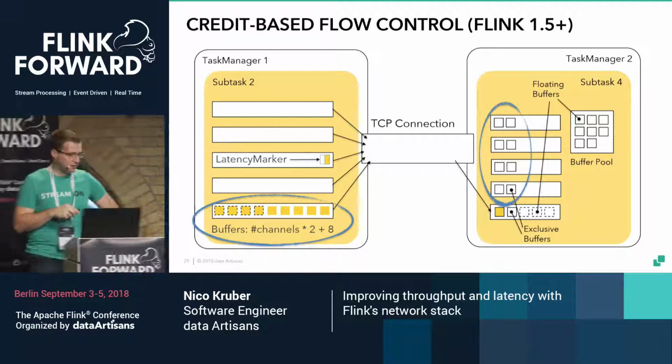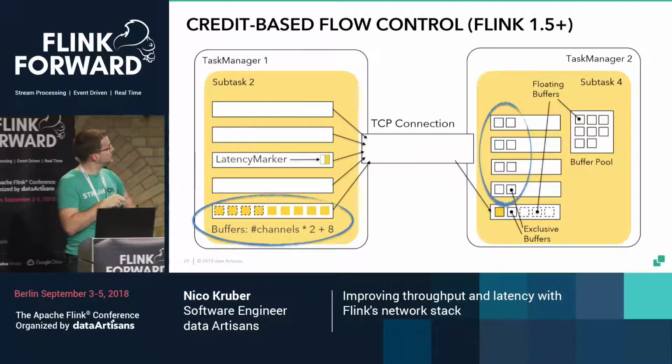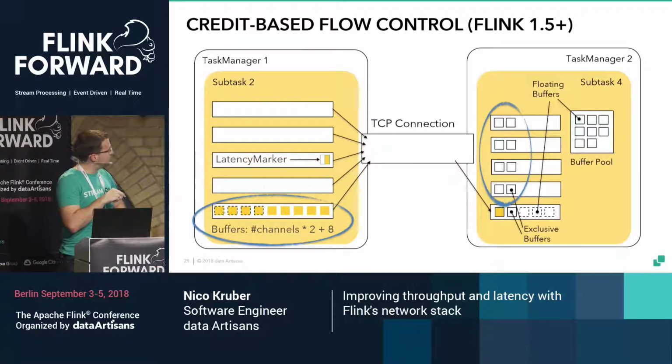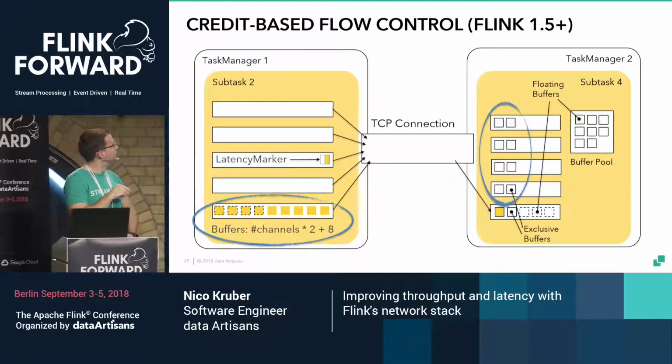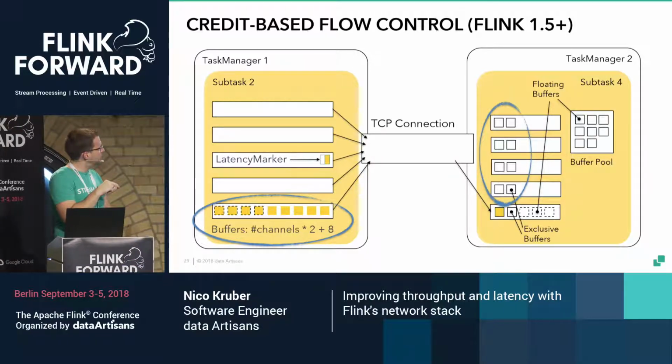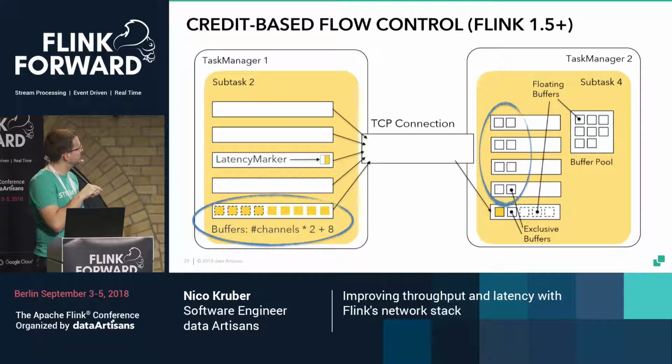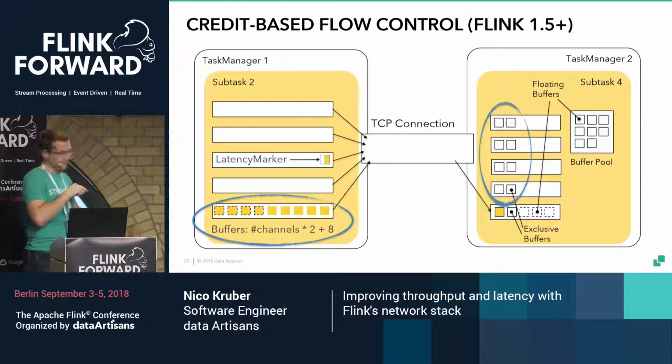Now recall that we did those low latency changes. So whenever we have a buffer that is partially filled, we will keep it here. We will read the data that has been occupied, send it through Netty, done, but the buffer will linger around in here as well. Now this wouldn't be a problem. Actually, you could see this as an advantage, because that buffer is here and not here.